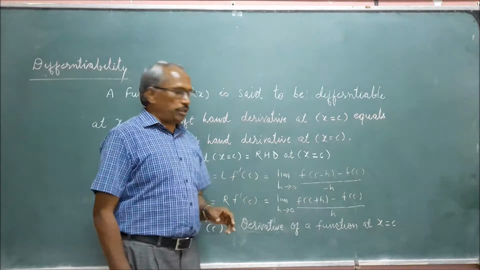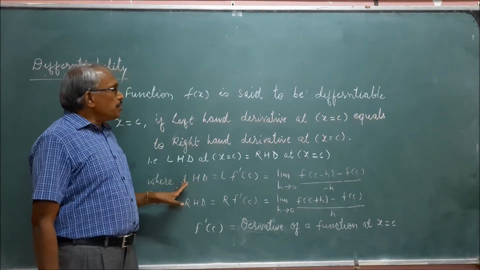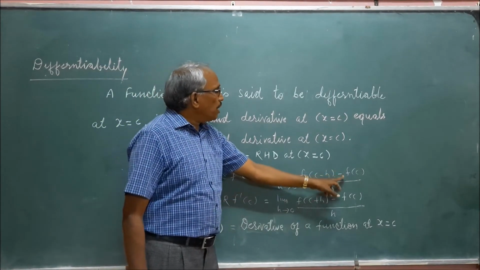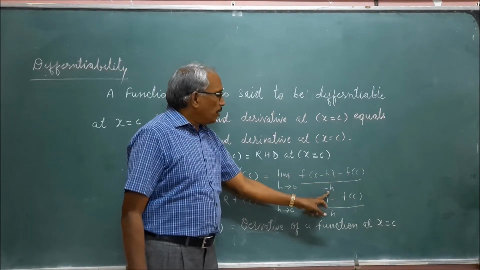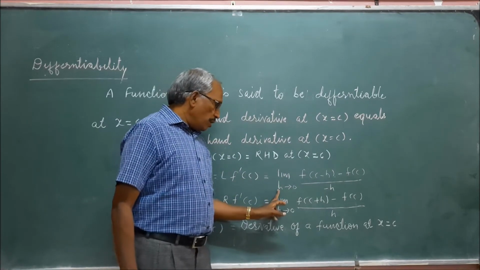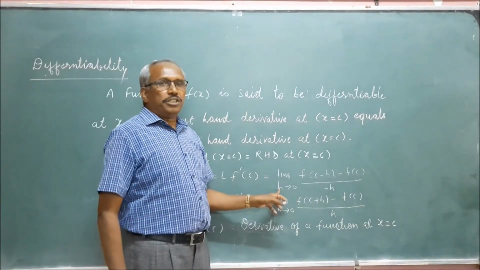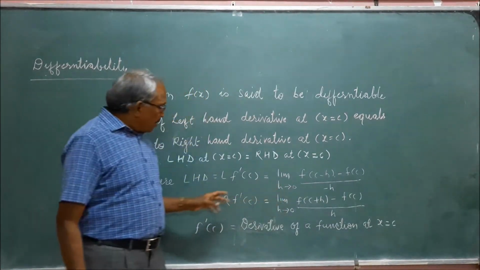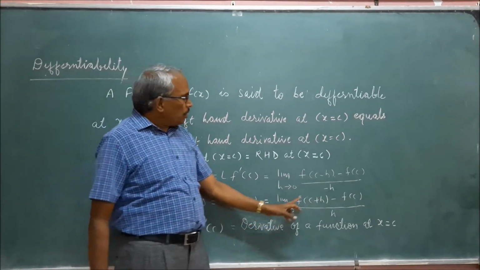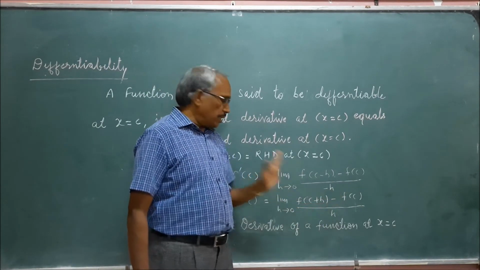LHD means limit of f of c minus h minus f of c upon minus h as h tends to 0. What is h here? h is a very small real number greater than 0. Right hand derivative means limit h tends to 0 of f of c plus h minus f of c upon h.